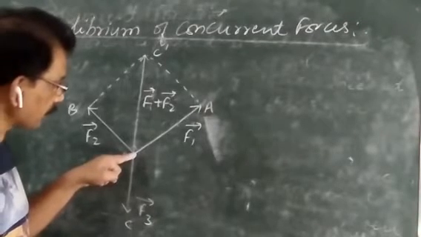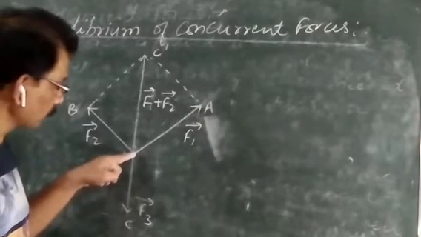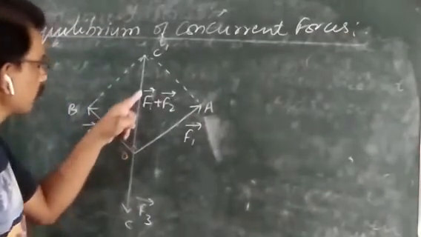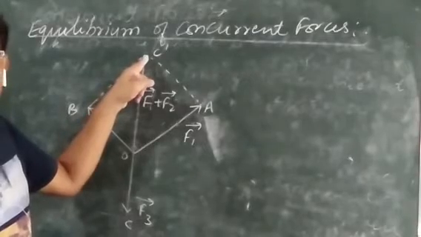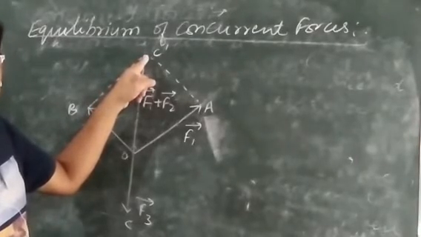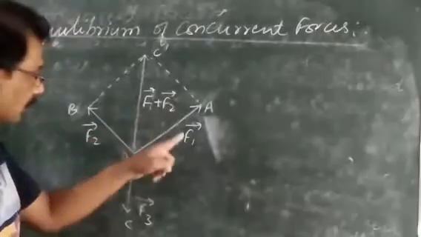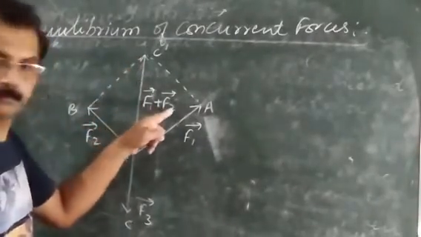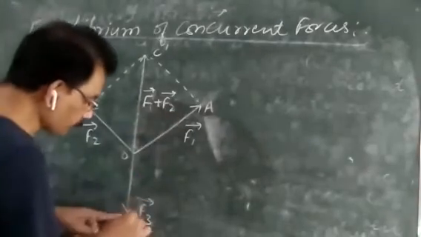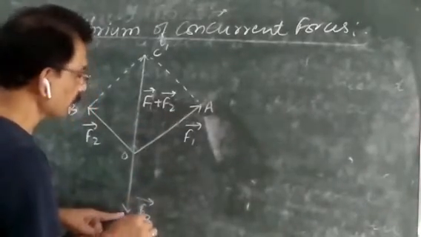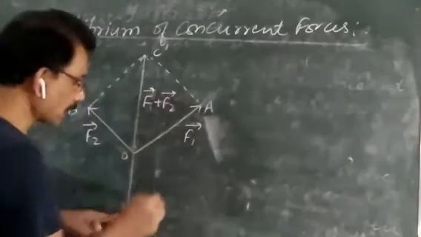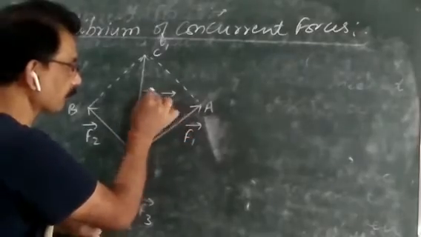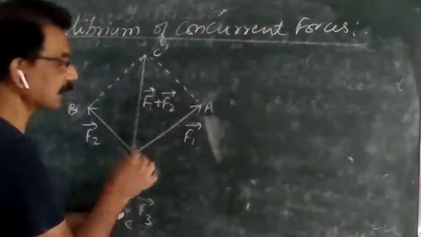And if the resultant of any two force, suppose resultant of F1 and F2 is vector F1 plus vector F2 by the law of parallelogram, which already I have discussed in the vector law of addition, parallelogram law से इनका और इन दोनों का रिजल्टेंट मान लीजिए ये हो गया वेक्टर F1 plus vector F2. Now, if this force F3 is opposite to F1 plus F2 and the magnitude of F3 is equal to the magnitude of F1 plus F2, तो कहेंगे नेट फोर्स यहाँ क्या आ जाएगा?